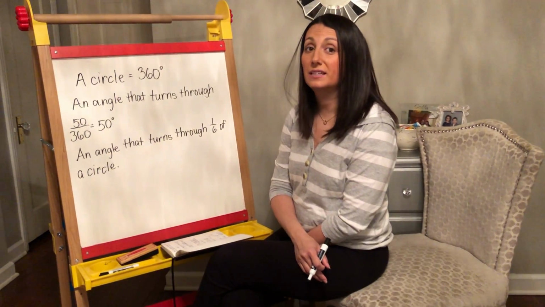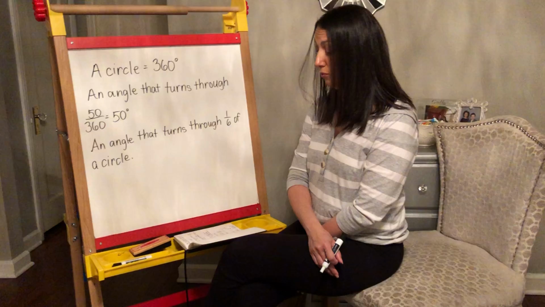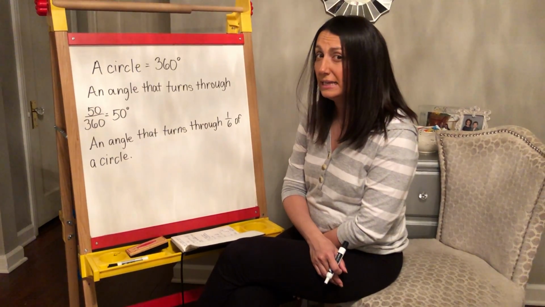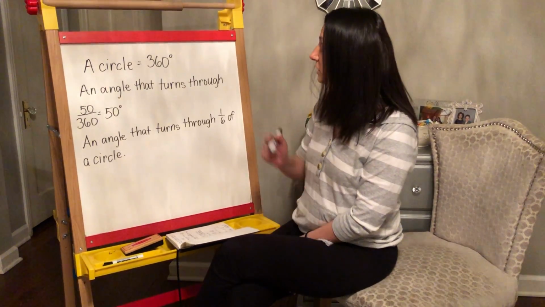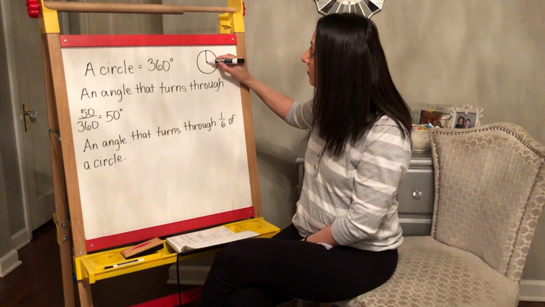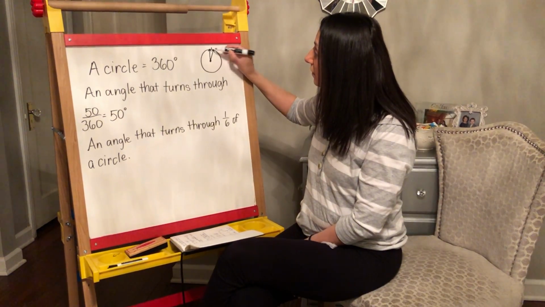Kids, today we're doing lesson 11.2, and it's how are degrees related to fractional parts of a circle. So like I said in the last video, a circle makes 360 degrees, just like a clock, okay? Every movement is 1 degree, all right?